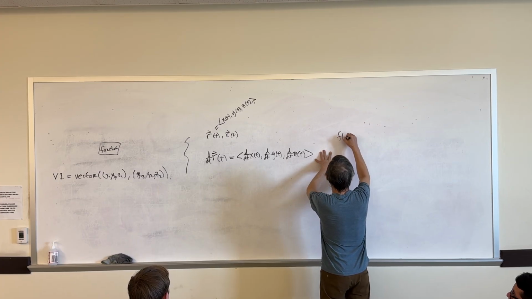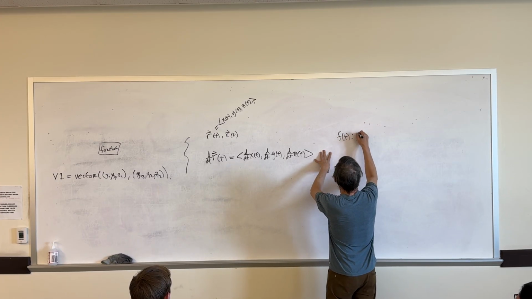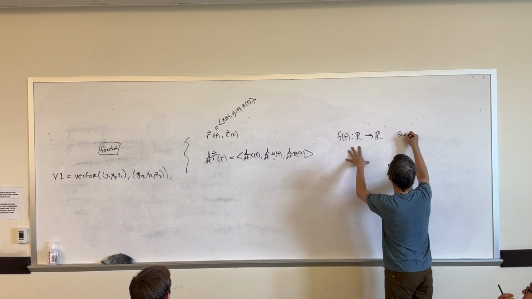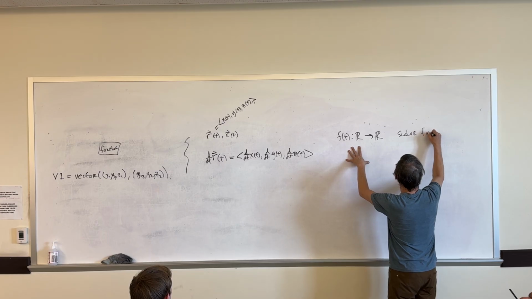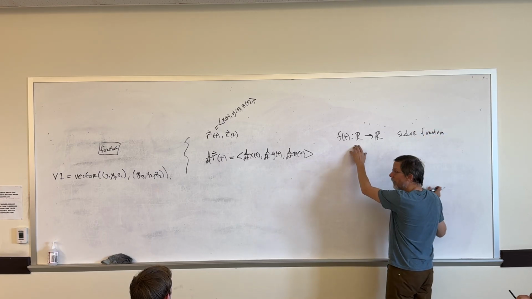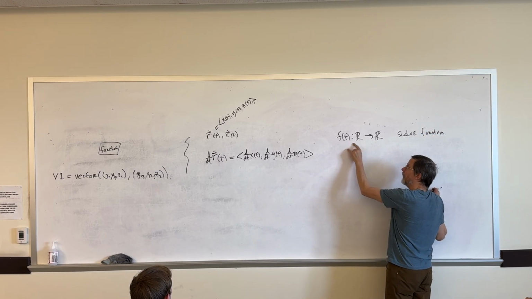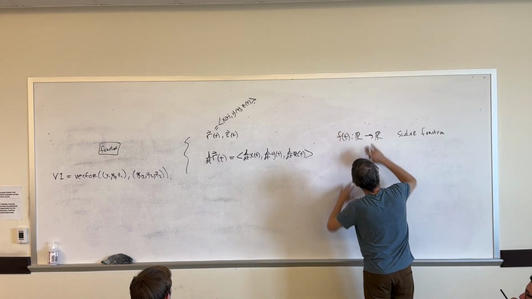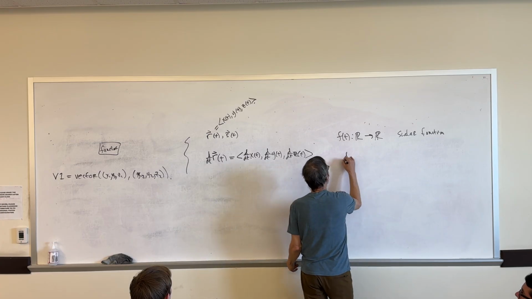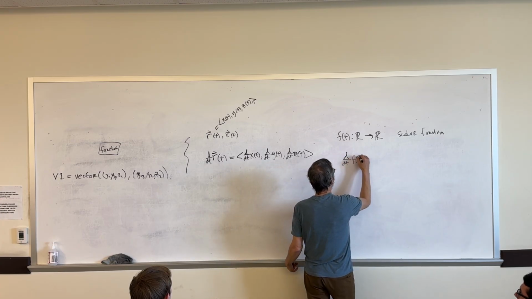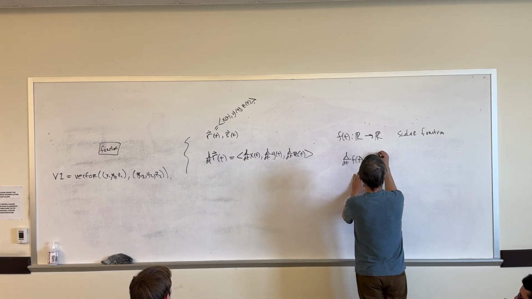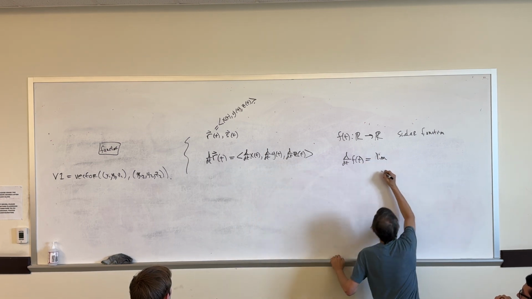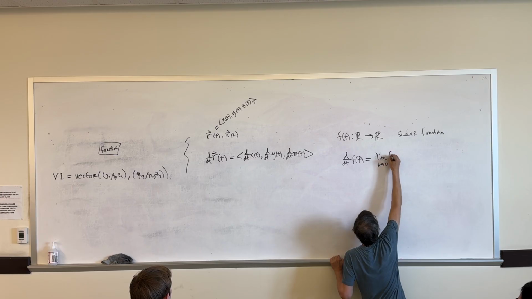So a scalar function, f of t, takes real inputs, spits out a single real output. And it might have a more restricted domain here. It looks like any t works, but it might be some collection of points in R. But if I wanted to find the derivative of that at t, we started with this maybe day 1 in the class. I'm going to take the limit as h goes to 0.